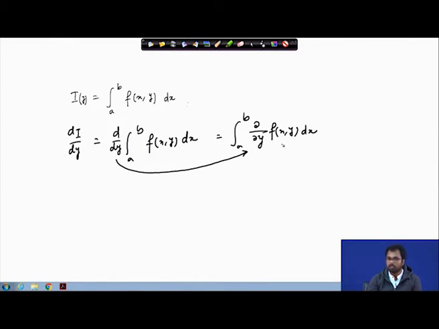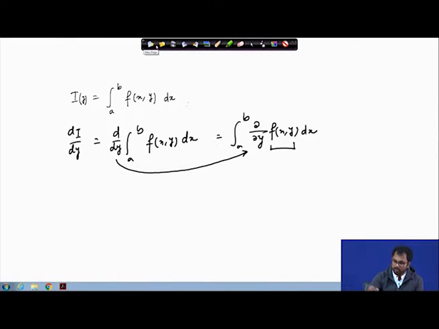In order to do that, we need some special properties for this function f. And we saw in the previous class that f(x,y) needs to be continuous on a rectangular domain R, and also the partial derivative of f needs to be continuous with respect to y. Based on that, we also solved an example.